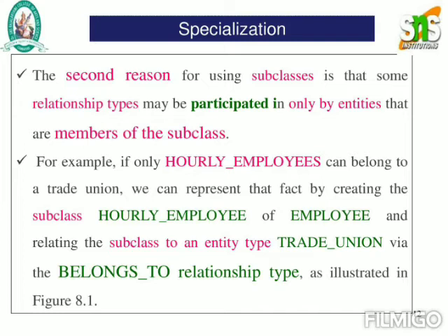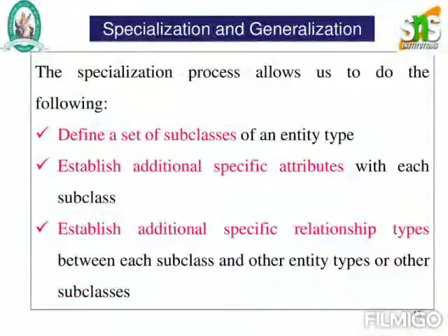So the specialization process will allow us to do the following things. The first one is defining a set of subclasses of an entity type. The second one is establishing additional specific attributes with each subclass.